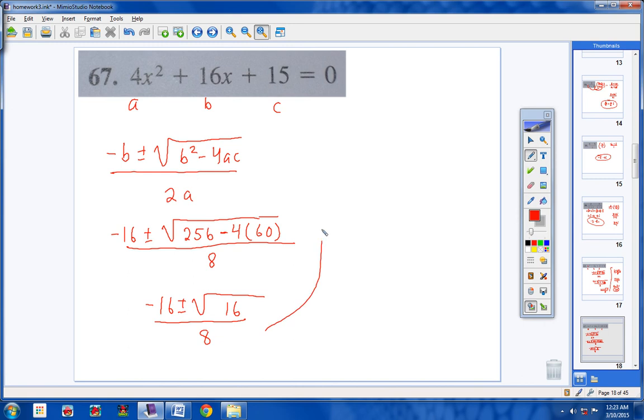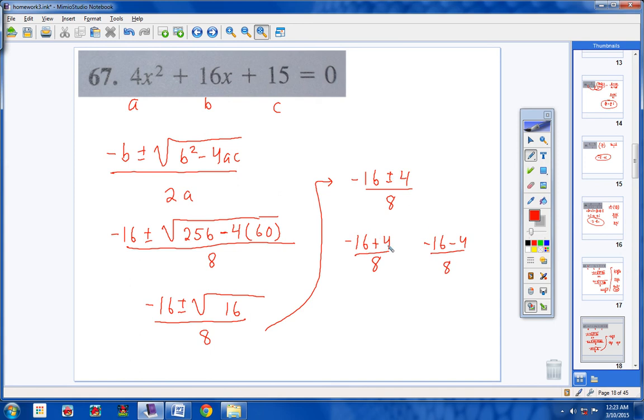Next we have negative 16 plus or minus 4 all over 8, because the square root of 16 is 4. Now we can really break this down to two numbers. We have negative 16 plus 4 all over 8, that's your plus sign, and then negative 16 minus 4 all over 8, that's your minus sign.